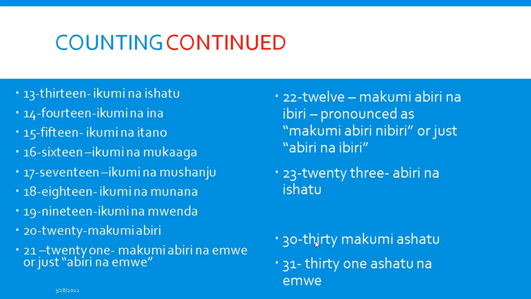Someone will know that you are talking of 30. Then you got 31, ashatu n'emwe.